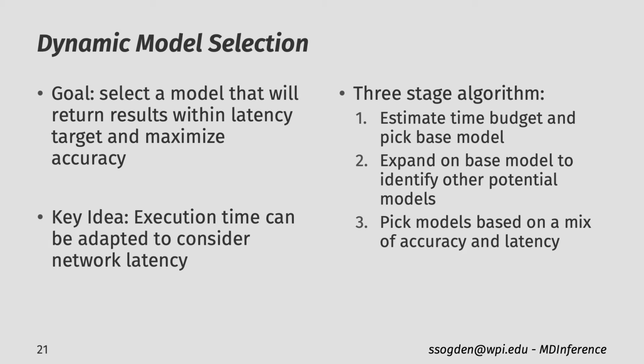Third, out of this exploration set, we pick a final model based on a combination of accuracy and latency via a probabilistic calculation utility function. We use this exploration set to ensure that we consider models that may be experiencing transient issues while still tending towards safe and accurate models. This exploration is particularly important because many models do experience short-term transient issues such as queuing delay or inaccuracy due to moving objects within the frame.